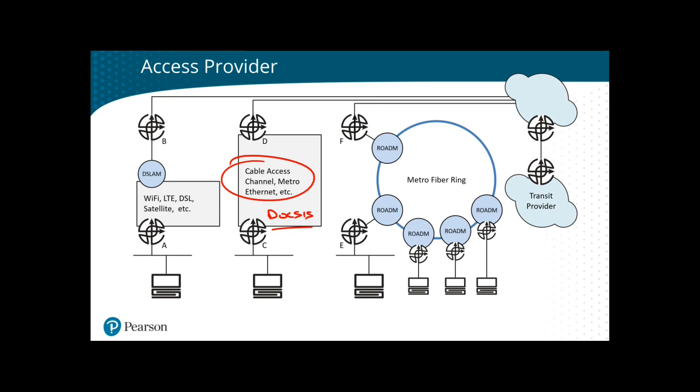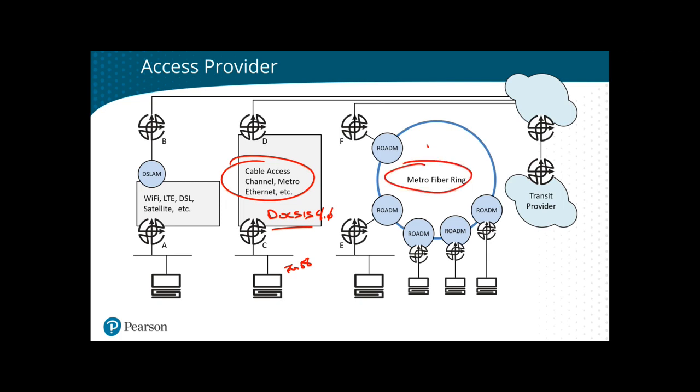A lot of this is going to be DOCSIS, which is going to be your RG58 cables coming into your house, fiber to the curb, and then RG58 down, where they steal channels off of a cable television system to give you upstream and downstream data. This is all going to be DOCSIS. DOCSIS is currently at 4.0, but not everybody has that deployed, but that is the most current standard. Over here, you're going to have a metro fiber ring.